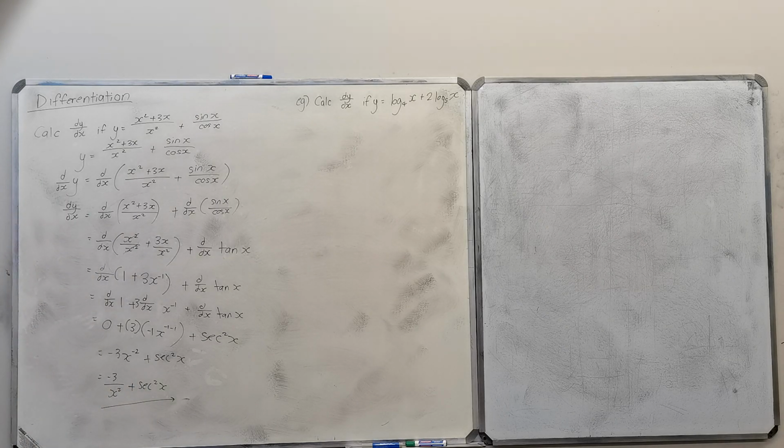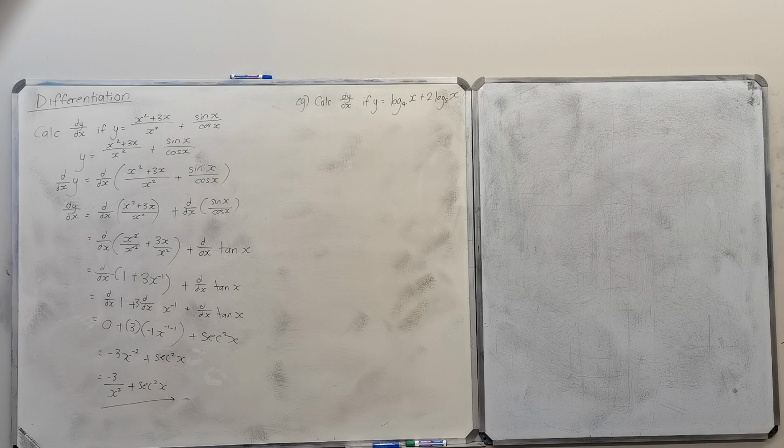Now, who can tell me how you do this? Well, you've got some rules for logs. What you would start off by doing is converting these logs to natural logarithms.